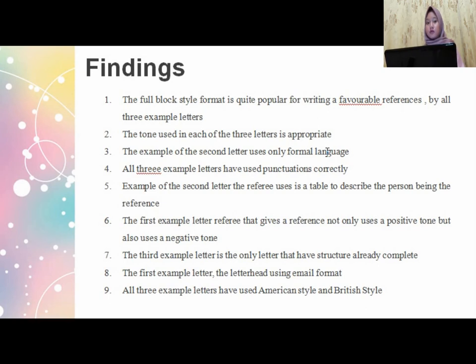Fourth, all 3 example letters have used punctuation correctly. Fifth, the second example letter uses a table to describe the person being referenced. Sixth, the first example letter, the referee that gives a reference, not only uses a positive tone but also a negative tone.